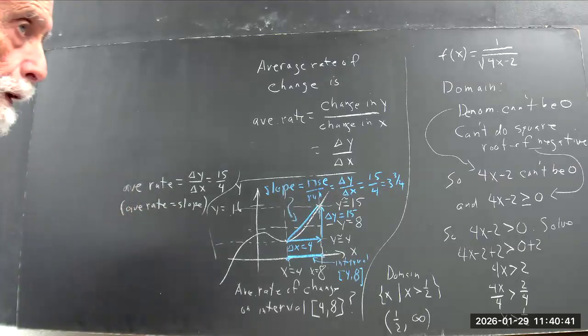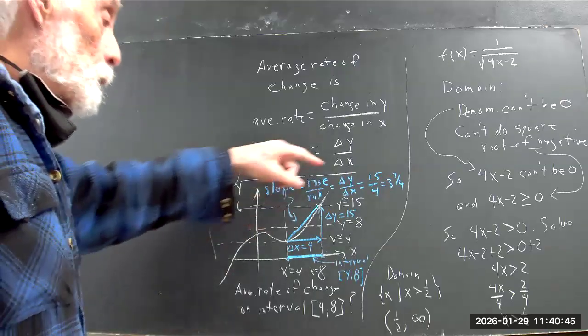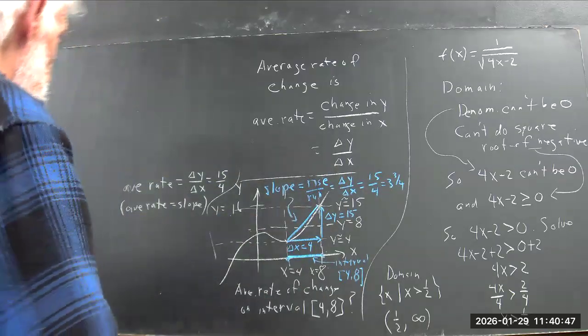So the big idea is average rate equals the slope. The slope represents the average rate.